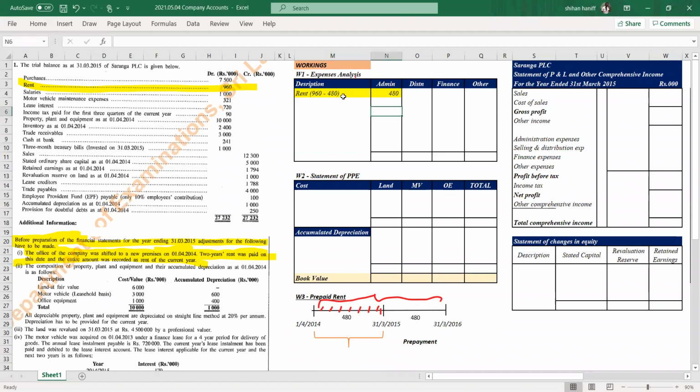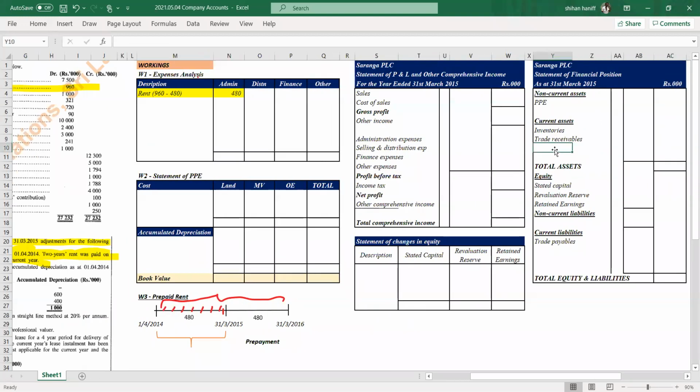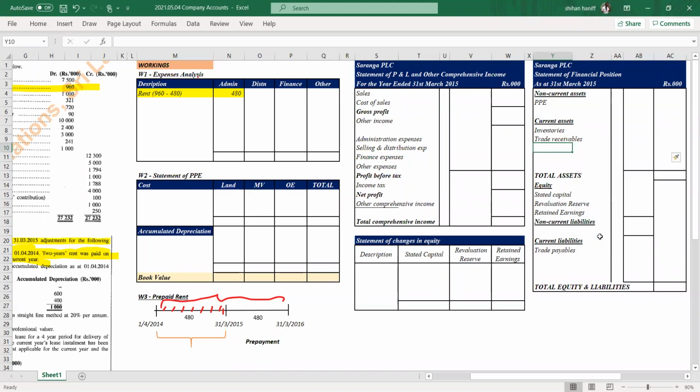The next year prepayment, we have to take under current asset, as prepaid rent of 480. So that's the double entry. We deduct from the rent and record it under current asset, prepaid rent.